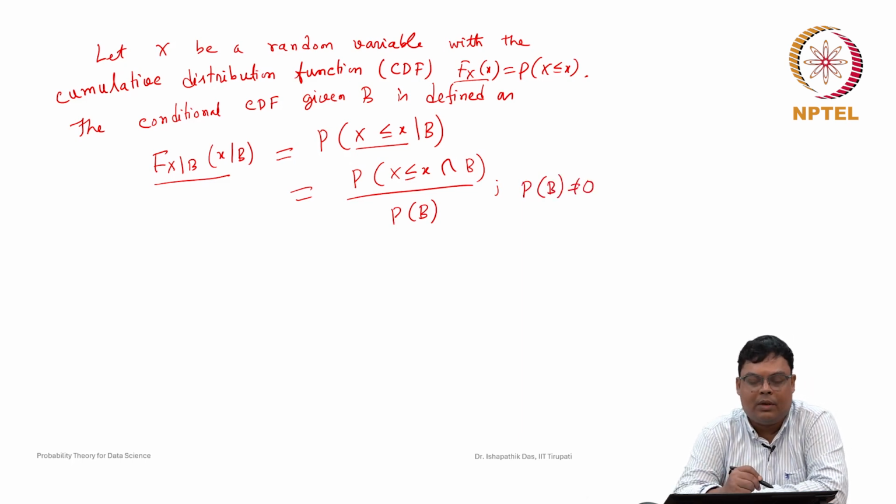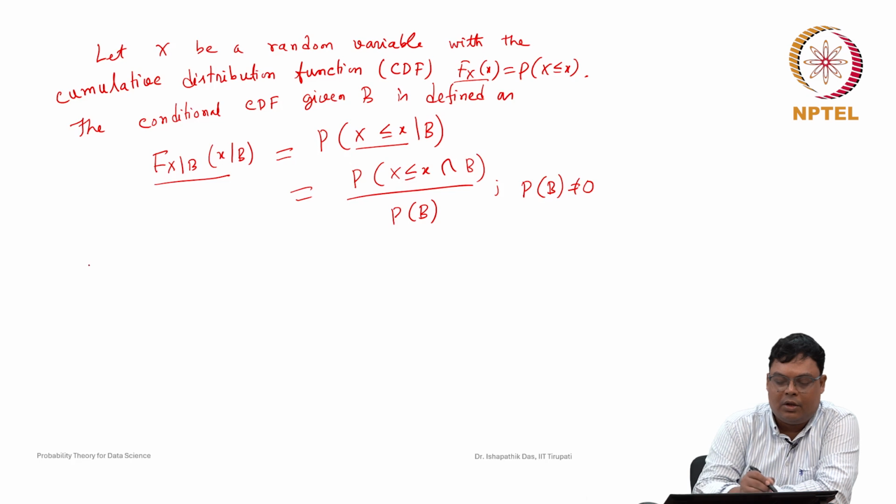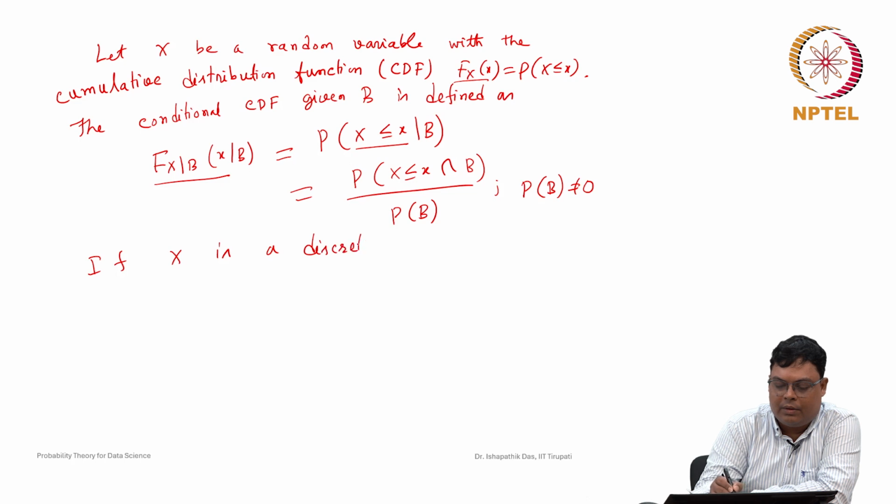Now, if X is a discrete random variable, then we have to define the conditional probability mass function.